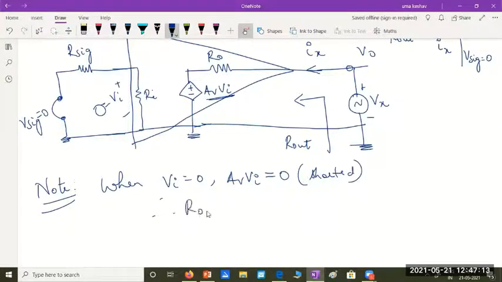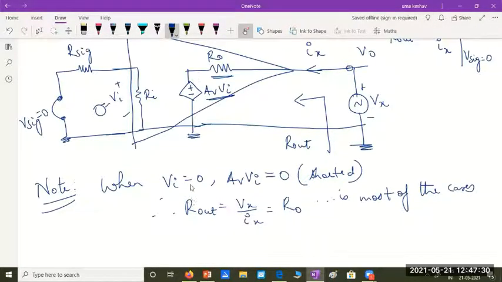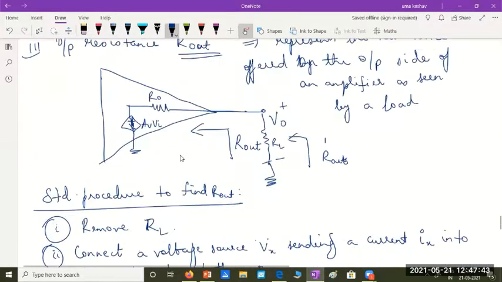Therefore, R out, which is Vx by Ix, will become equal to R naught in most cases. In most of the cases, this is true, but not always. We will see why as we analyze different amplifiers. For most of the cases, this condition will be true, but not always. So please remember these steps.